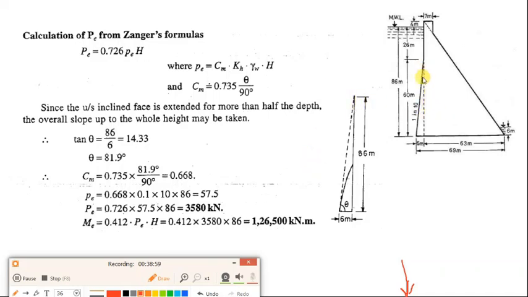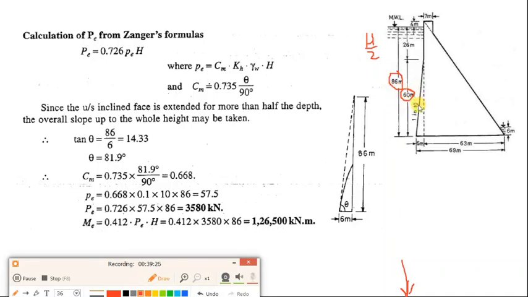Since the height of this inclined upstream face is greater than half of the height of the water, h by 2, where h by 2 is 86 by 2, which is 43, this inclined face is greater than 43.